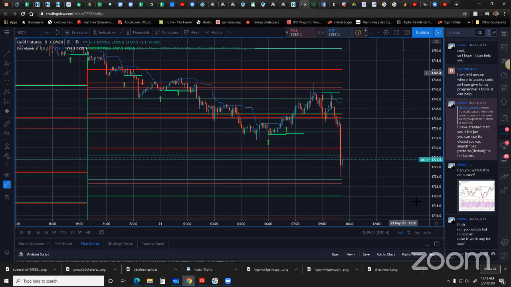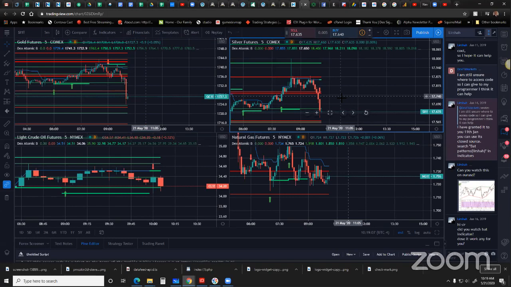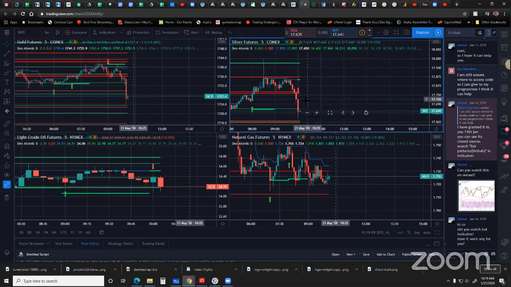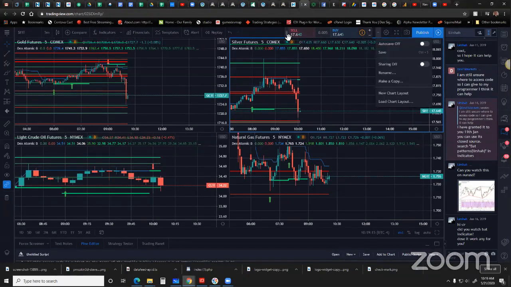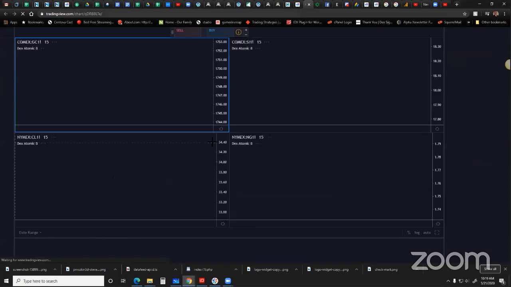So we'll jump back over into silver, but silver's got a pretty pushed margin on it right now. So I guess we can look at some 2 hour commodities. Let's look at those real quick.